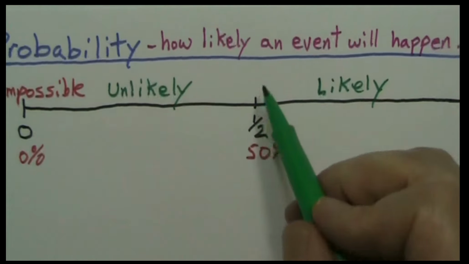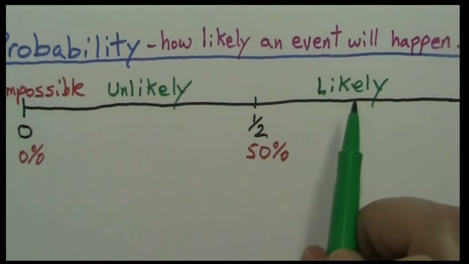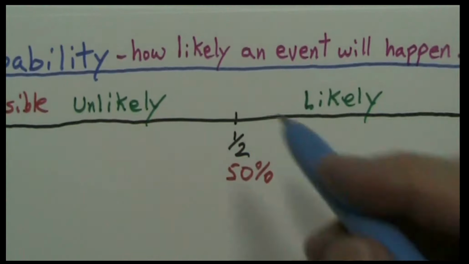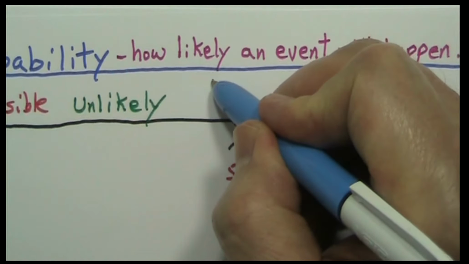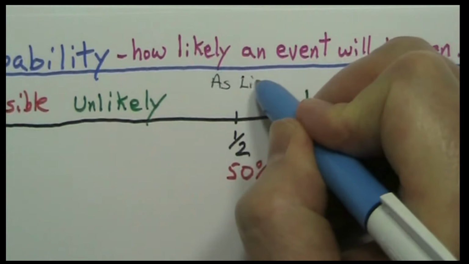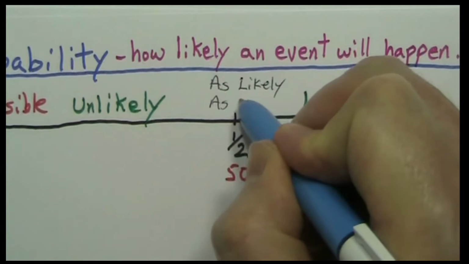What about in the center? What if it's right on the middle? It's not likely and it's not unlikely. What do we call it? In many textbooks, they'll say, as likely as not.